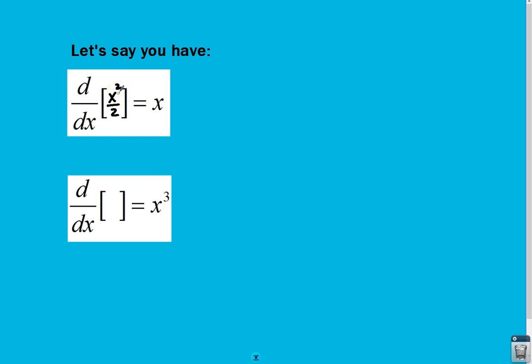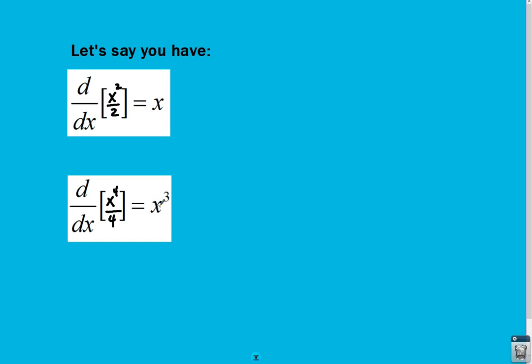Well, what if the derivative of something is x cubed? Question is, what is that something? Well, the something would need to be something to the 4th power that reduces, so x to the 4 over 4. This is one possible answer, because if I took the derivative of this, I get x cubed.